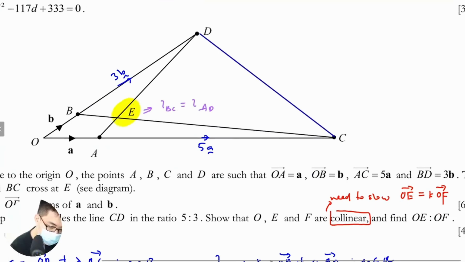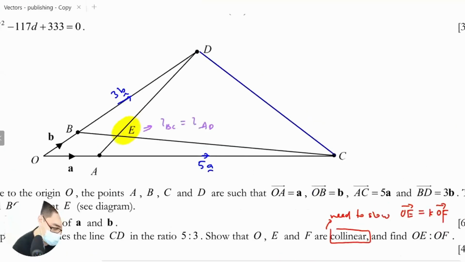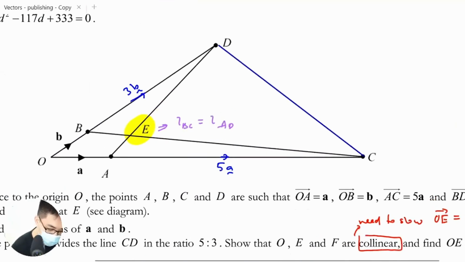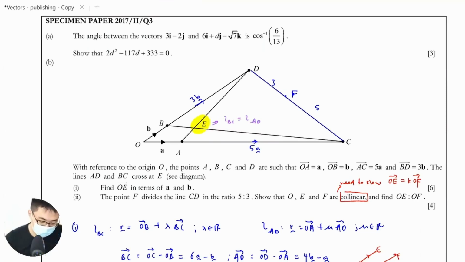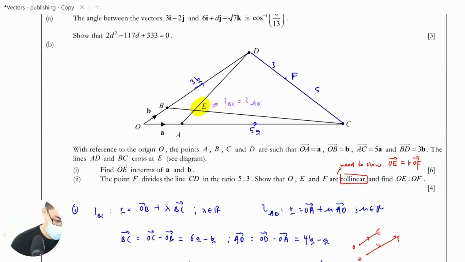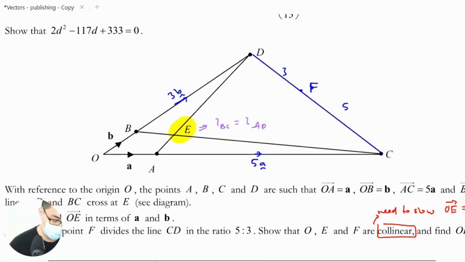CD 5:3. So this is 5. This is 3. So I need to find OF, obviously. So OF would be found by using the ratio theorem.